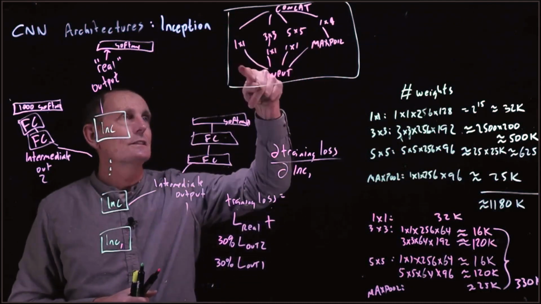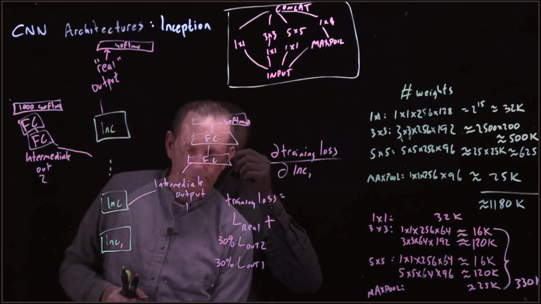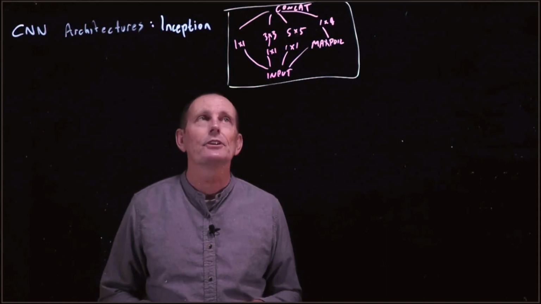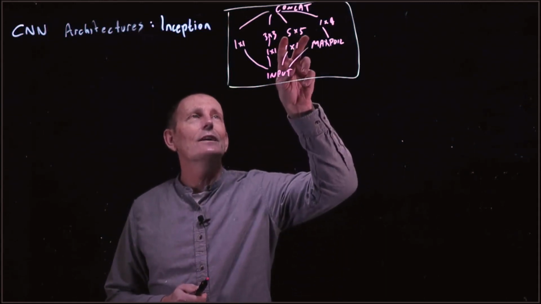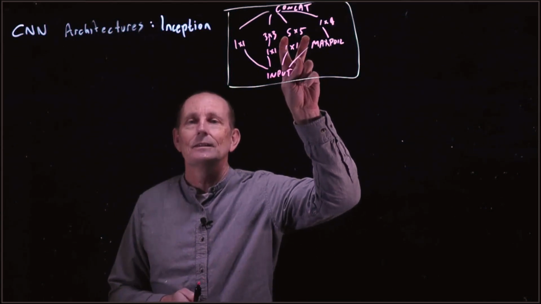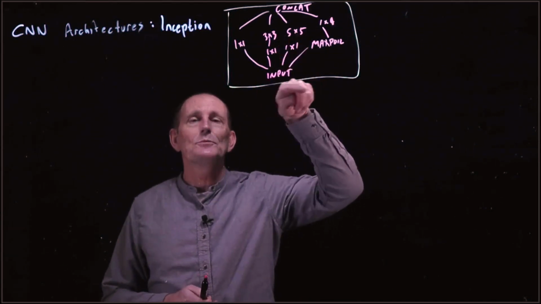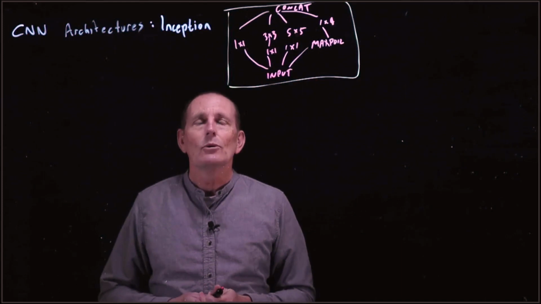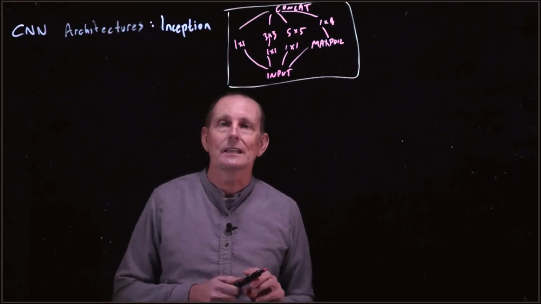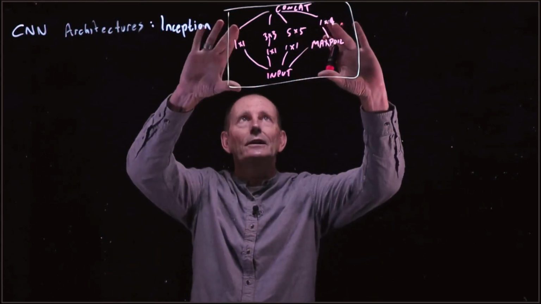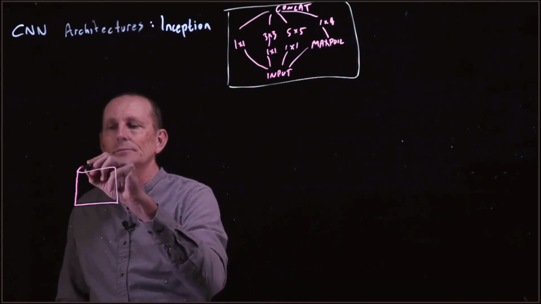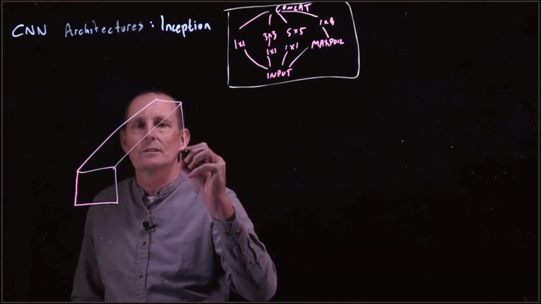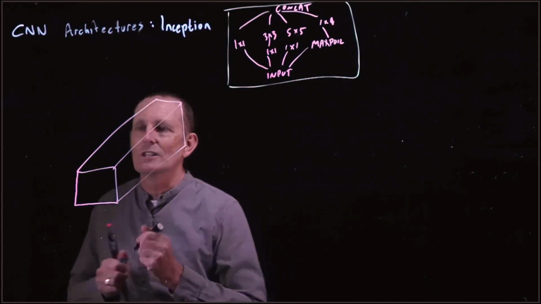I'd like to look at this in a little more detail. How is it that the neural network learns to decide that it would like to use 5x5 convolutions at this particular layer? Well, it's actually decided at the next layer. If we look at this layer, what we've got coming out is a set of activations, and we have portions of this.